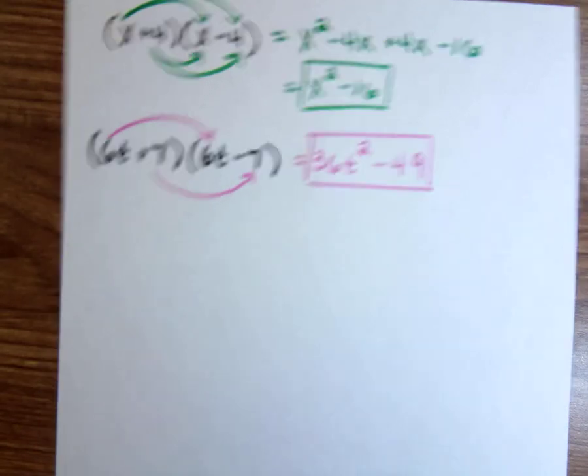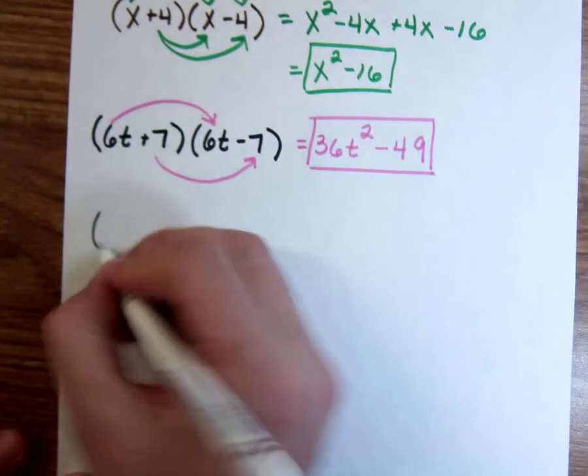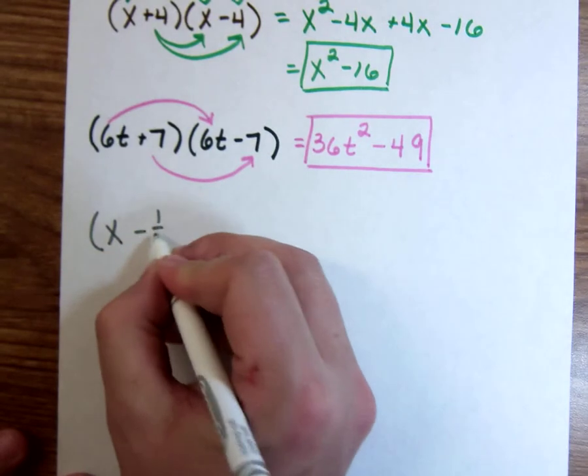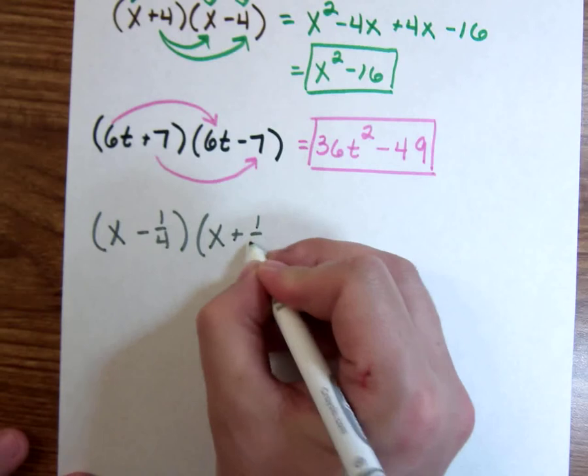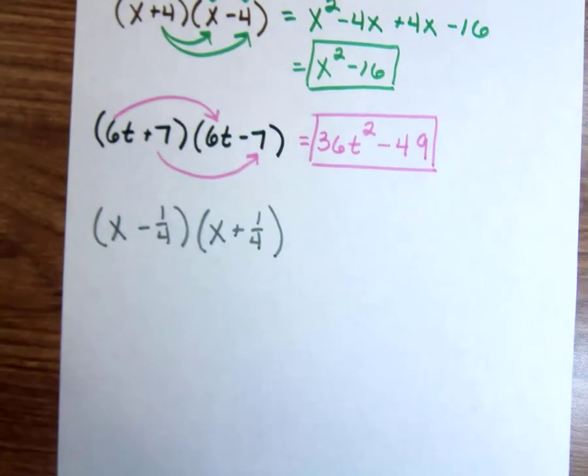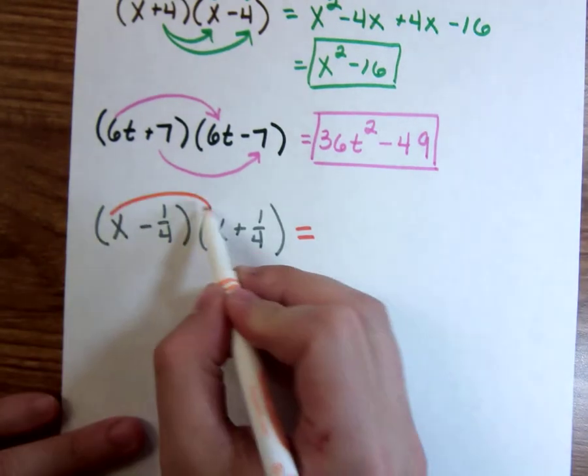This is going to be really good news for you if you get something with everybody's favorite kind of number in it, the fraction. Sometimes we got to deal with a bunch of fractions, but this is not one of those times. They are exactly the same, only one plus and one minus. So, multiply the first things.